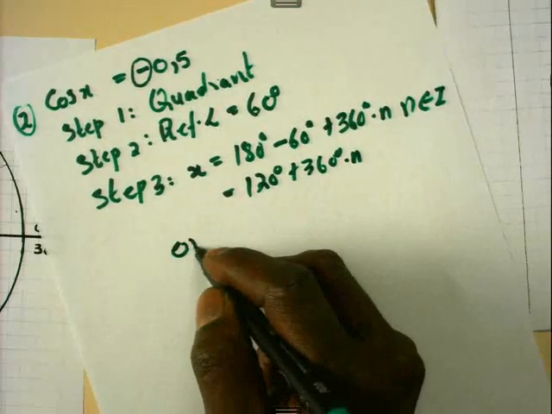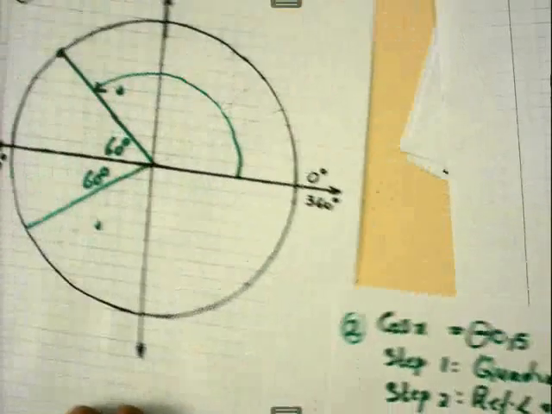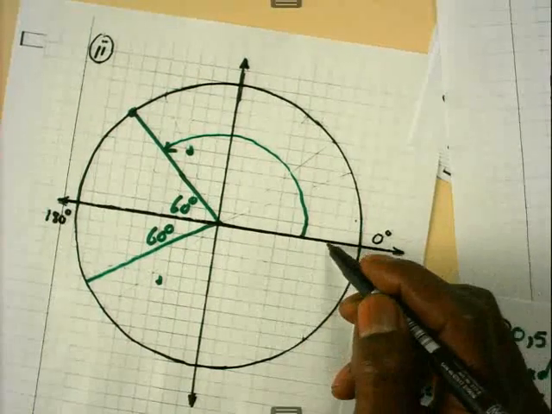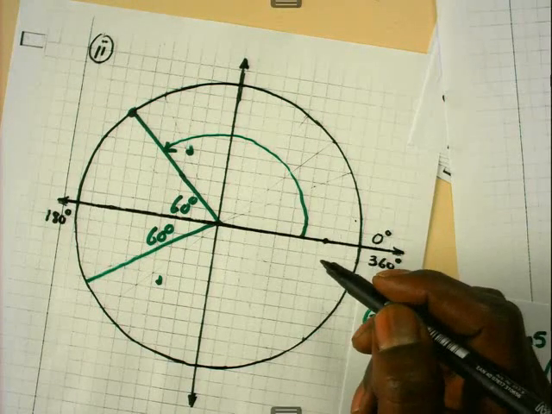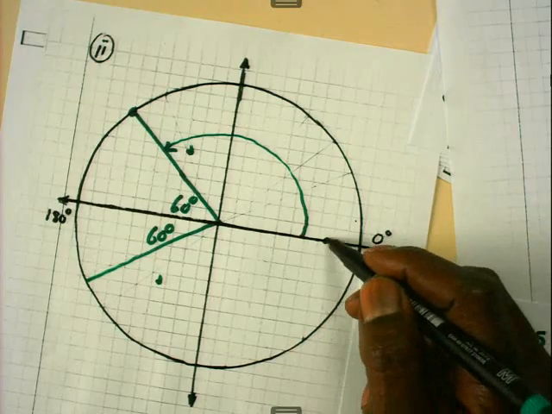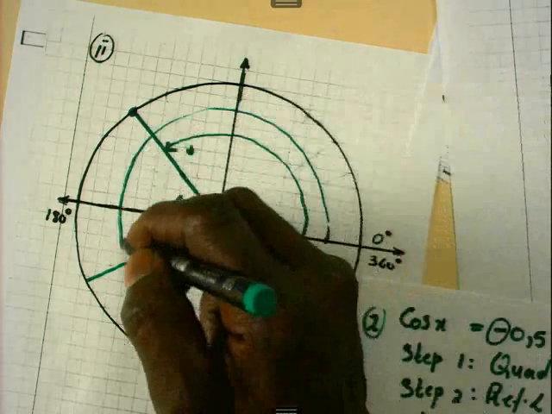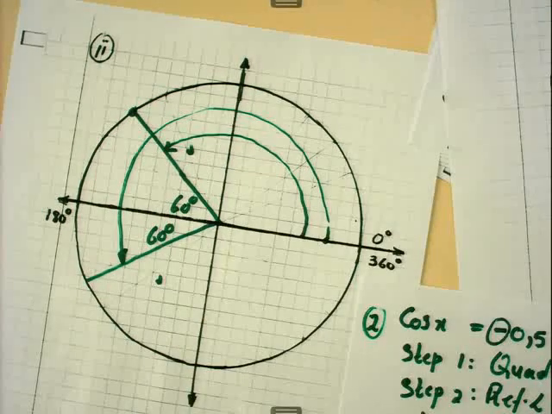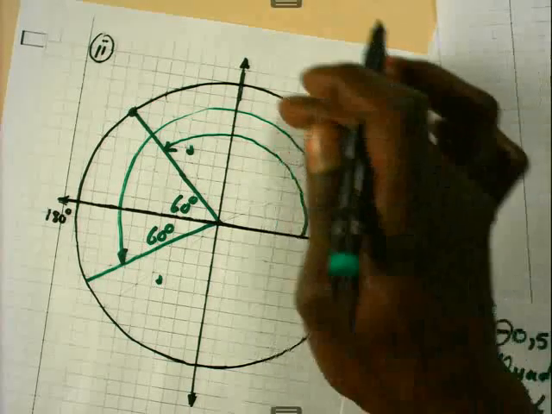Now, for the second solution, we are starting from the positive x-axis there up until we touch this terminal ray right here, and we must count this angle here.